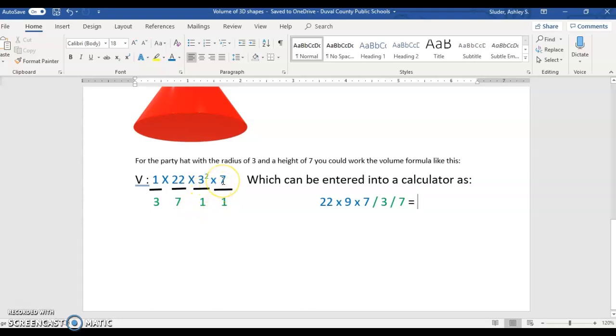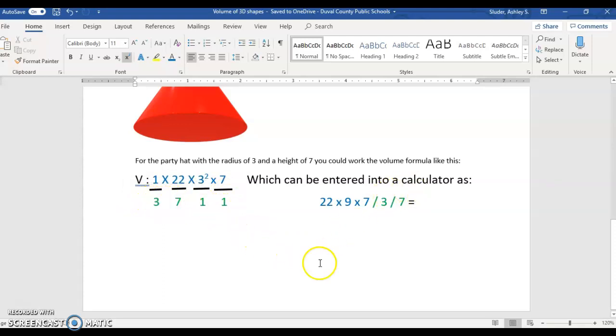My height is 7, but we all know that 7 could also be a fraction over 1. So pay attention. You have all these numerators in blue, which is multiplying. All these numbers are being multiplied. And then we have all of our denominators in green. And because every fraction is a division problem, that means I can simply divide by my denominators.